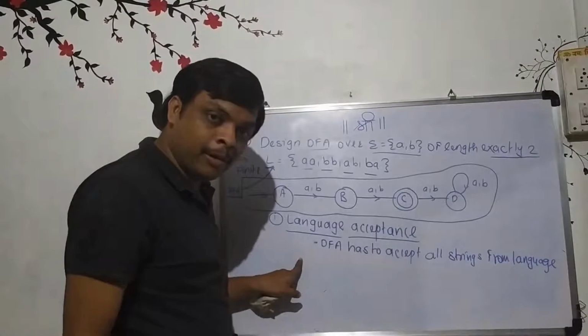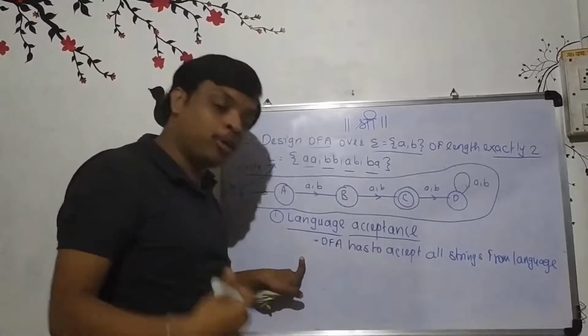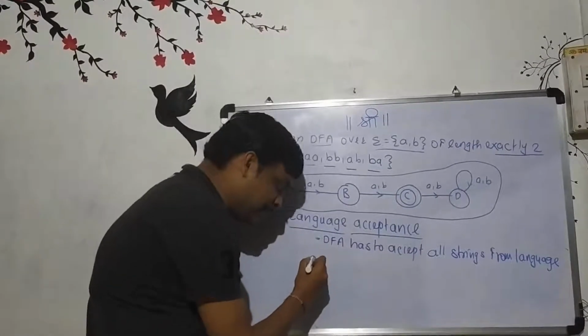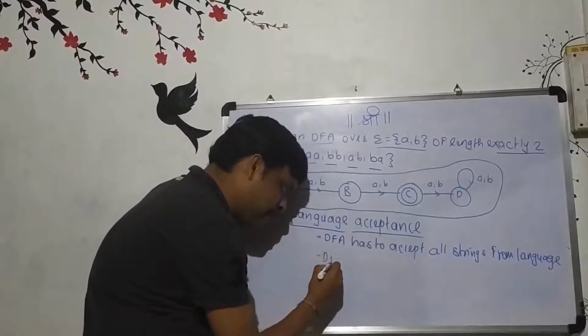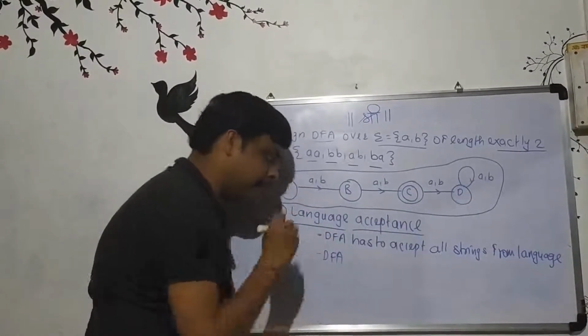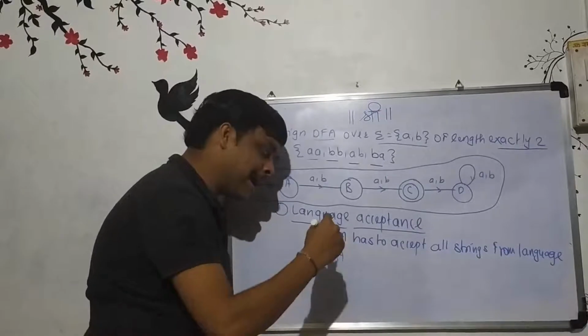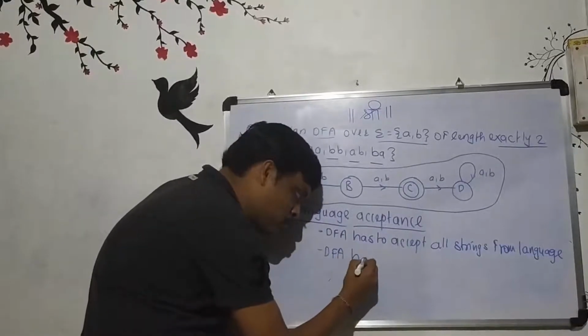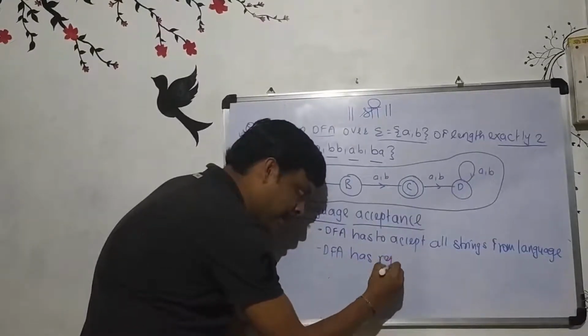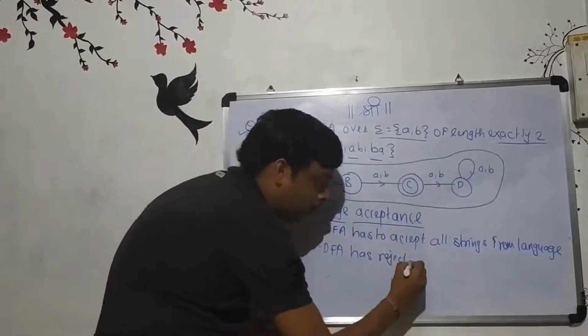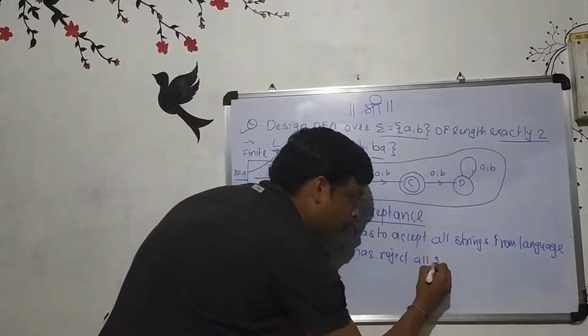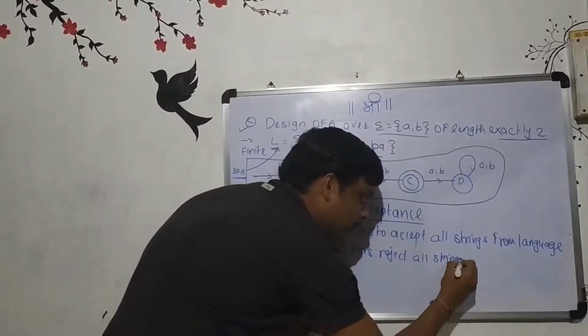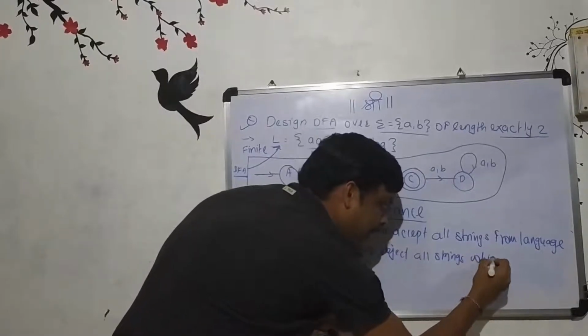This point is important, and along with that one more point is important, that is, you have to design the DFA in such a way that the DFA has to reject all strings which are not in the language.